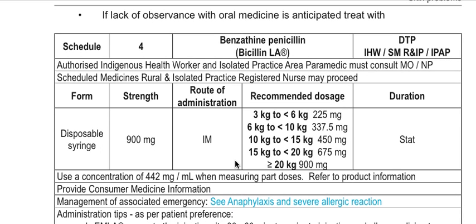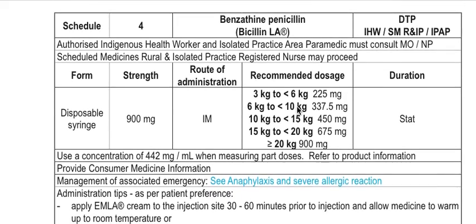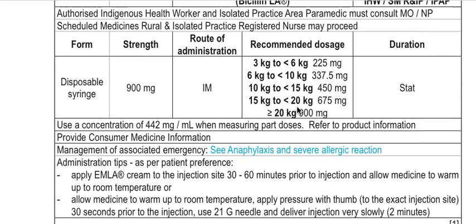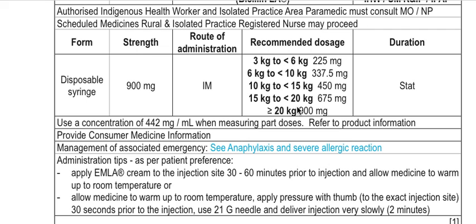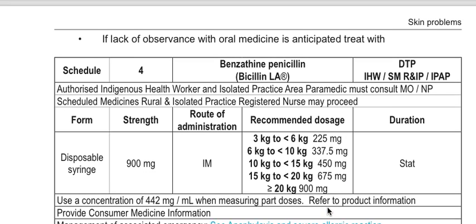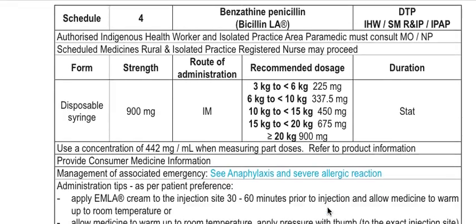If lack of observance with oral medicine is anticipated, you can try treating with benzathine penicillin, given IM at the doses listed here. So for a 20-year-old person, 900 milligrams of benzathine penicillin.